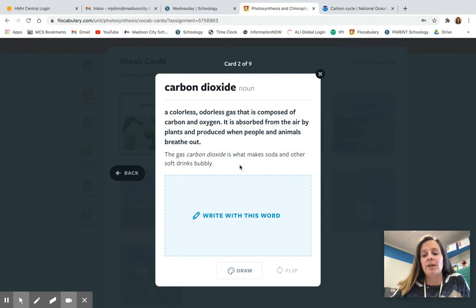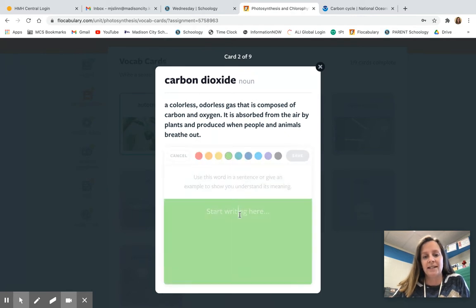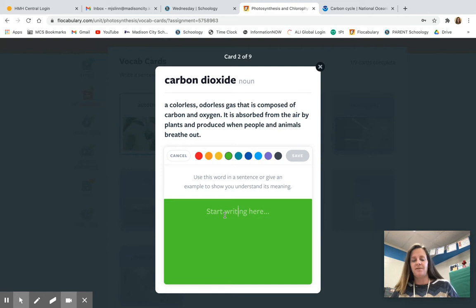And then remember that when plants are going through photosynthesis, they are producing oxygen as a byproduct or waste, meaning they don't need it to function or to reproduce or to repair damage that happens to them. They don't need the oxygen. They produce it as a waste, and then we, of course, need oxygen to live.